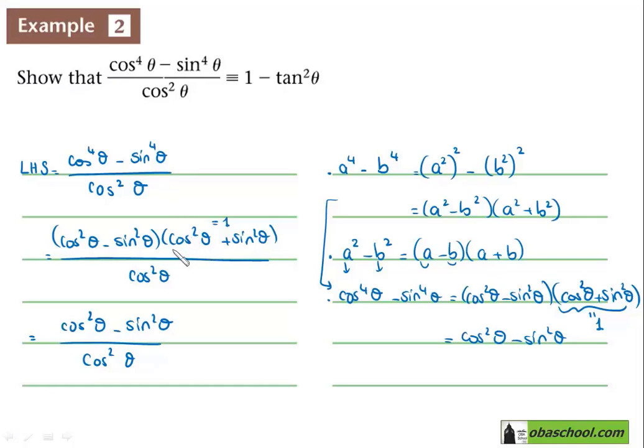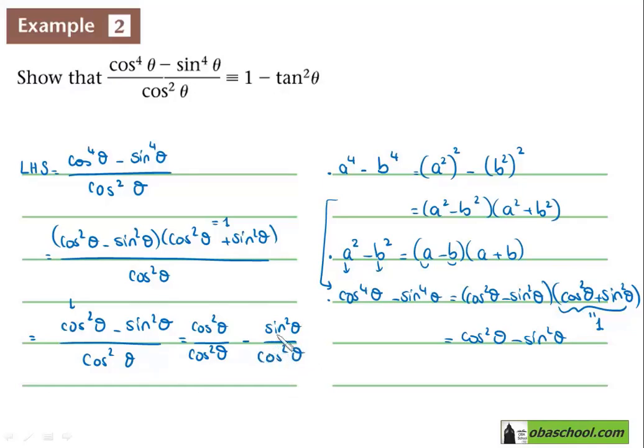Okay, now by using the concept of the fraction, we can separate the denominator for each numerator. So, cosine squared theta over cosine squared theta, this is the first part, minus sine squared theta over cosine squared theta.